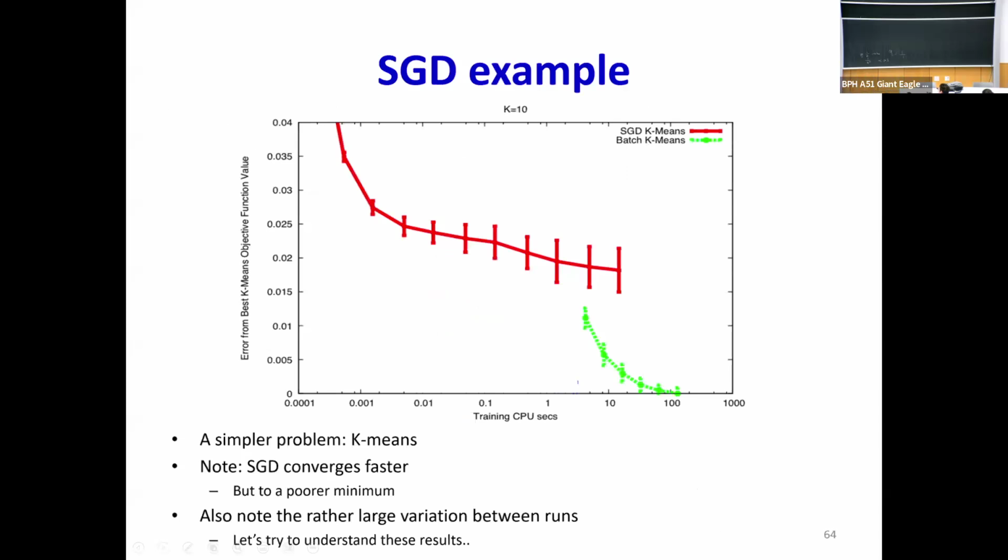Now, here's a very nice simulated example. This was for k-means, where the authors, I've got this off the web, tried to perform k-means clustering. In the first case, the green case, they have done batch updates. They process all of the data before they make an update. Now, k-means, as we know, is a random algorithm.